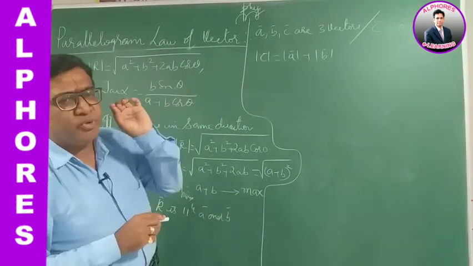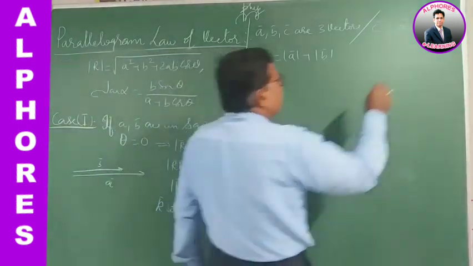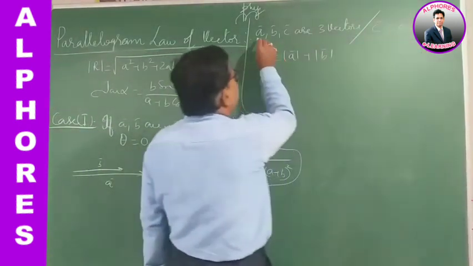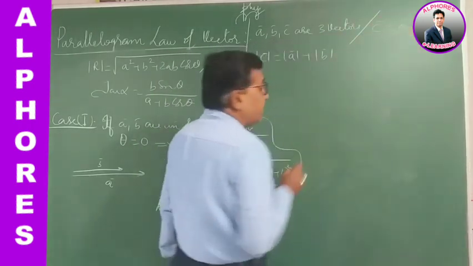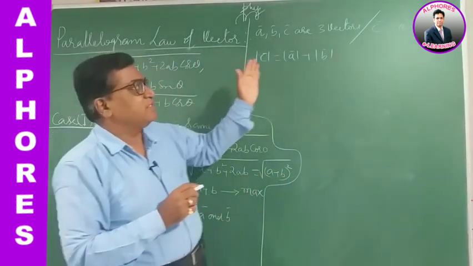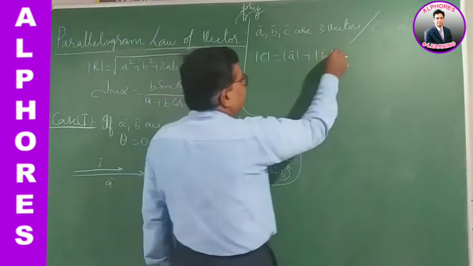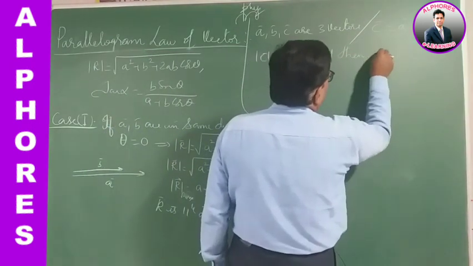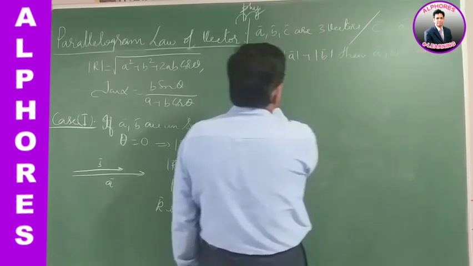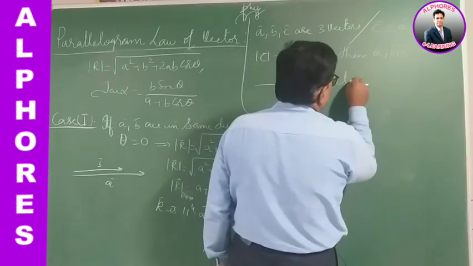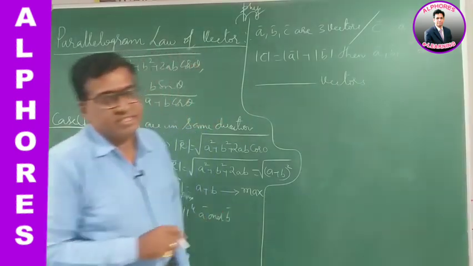No English, pure mathematics he has applied. Then the question is, A bar, B bar, C bar are dash vectors. This was the question that was asked in the previous entrance examination.